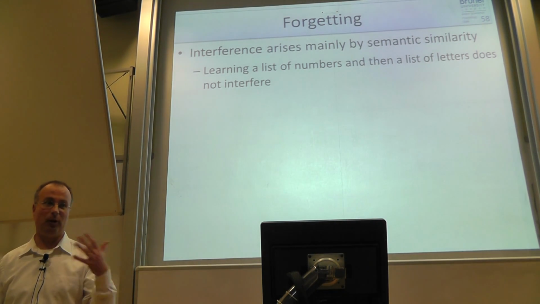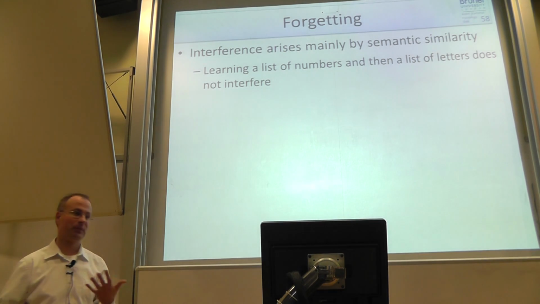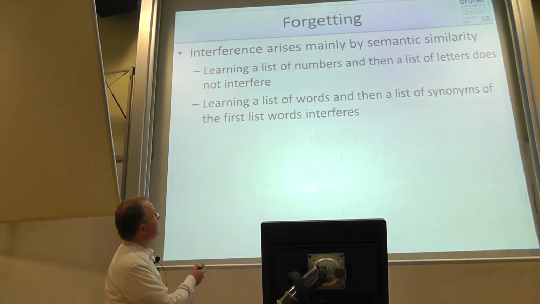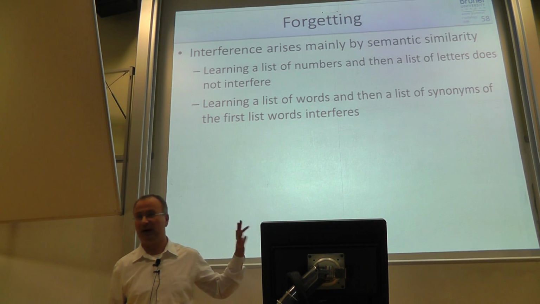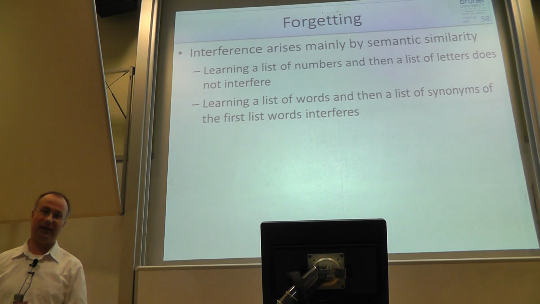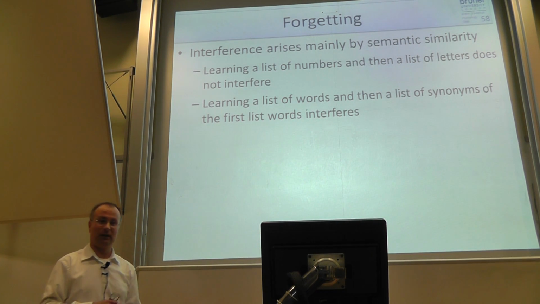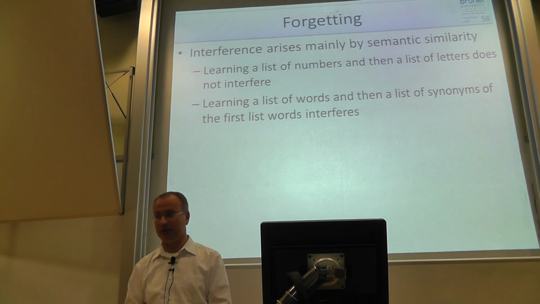And you don't have any problems retrieving the numbers because you learned the letters later. However, if you first learn a word list and then a list, the hardest case, of synonyms of these words, then the task becomes extremely difficult to keep that separate, to say, okay, the words which I just learned from this list are not the ones.